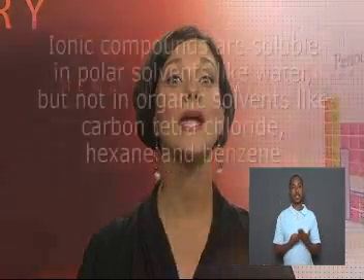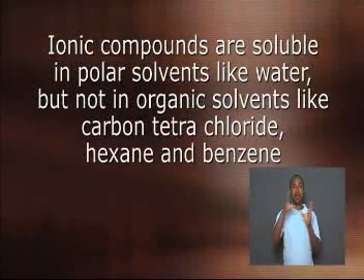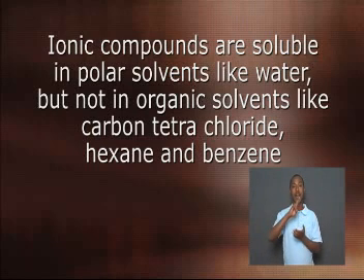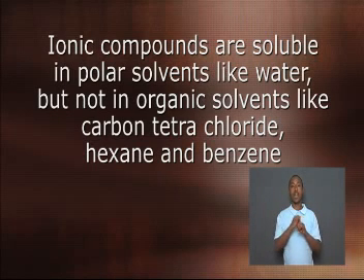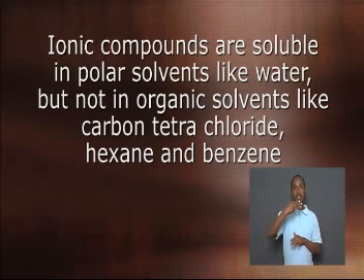Thus, we can conclude that ionic compounds are soluble in polar solvents like water, but not in organic solvents like carbon tetrachloride, hexane, and benzene. Were you able to correctly identify those general properties of ionic compounds? If so, well done. Let us continue our lesson with another experiment.